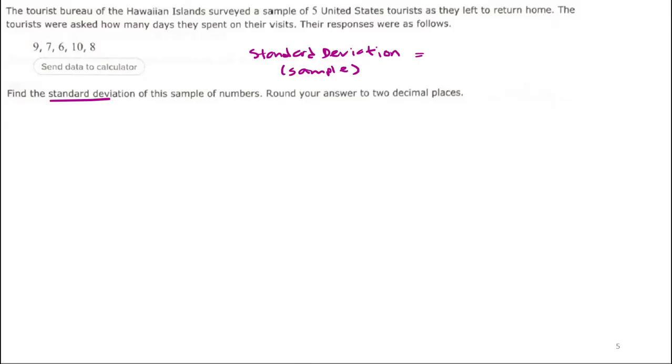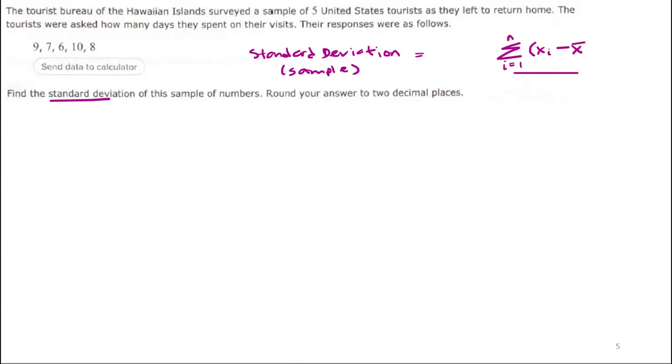What you do is, on the top part, you're going to take the summation. And it's going to go from i is equal to 1 to n. And then you're going to take xi, so your number that's given to you, minus x bar.